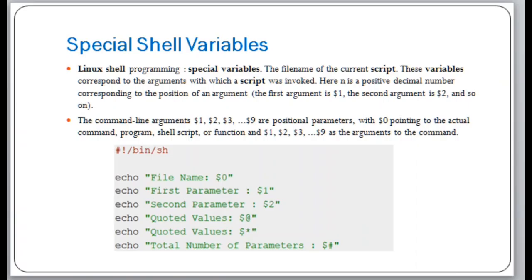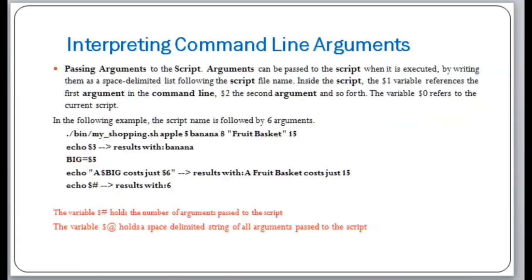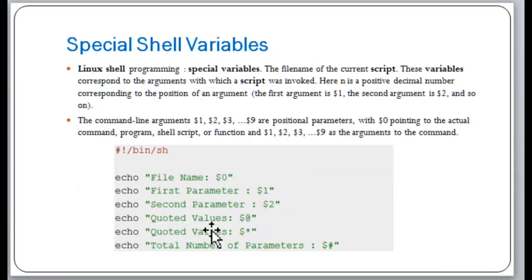So we can say echo file name $0, which is pointing to the actual command. We say first parameter is $1, 2. We can say quoted values, and guys, if we go back 2 slides, remember this: it holds a space-delimited string of all arguments passed to the script. Okay, we'll go back to our original slide.